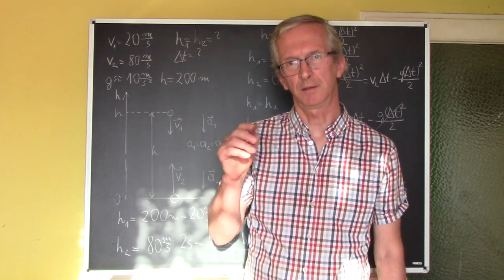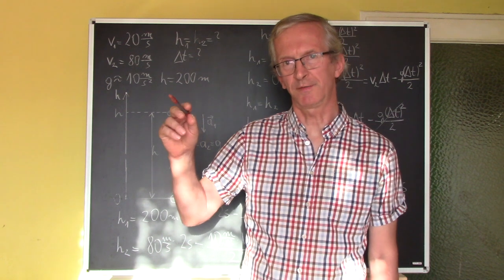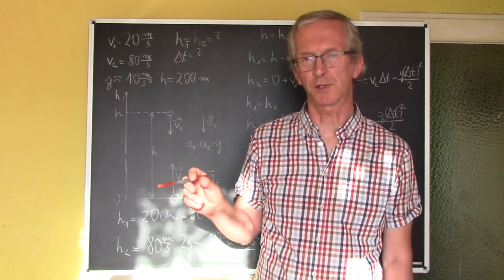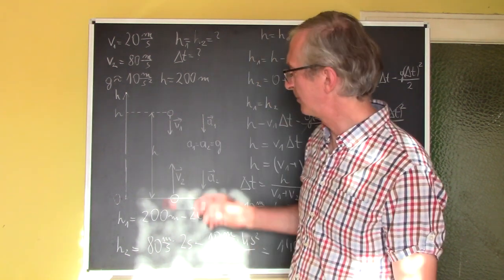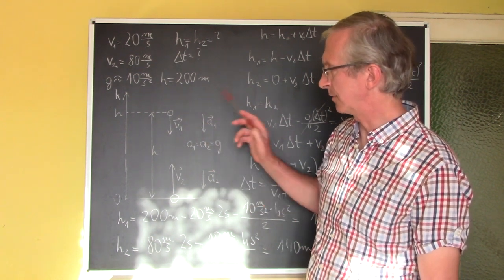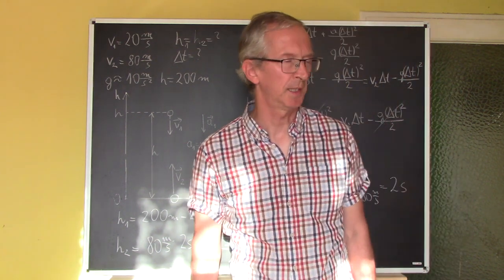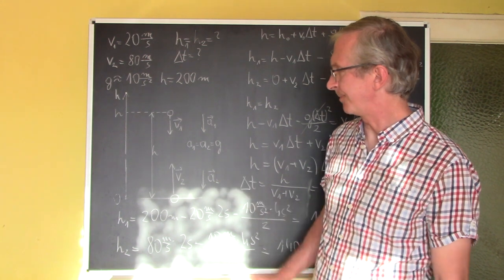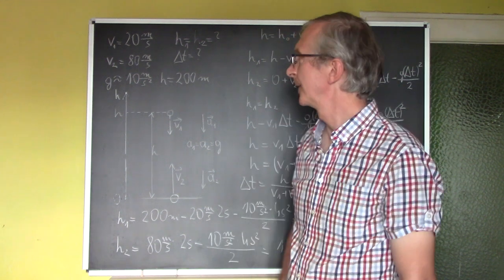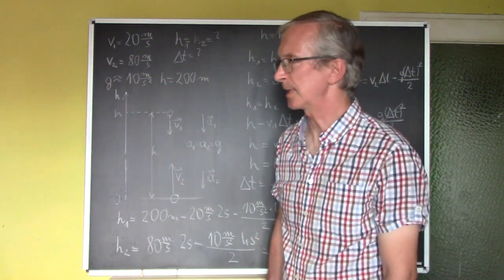If we divide weight, mass times g, by mass, mass will cancel and we achieve g. So in both cases the magnitude of acceleration for the first and the second body is equal to gravitational acceleration g. Now we can write equations of motion for the first and the second body. Let's start.